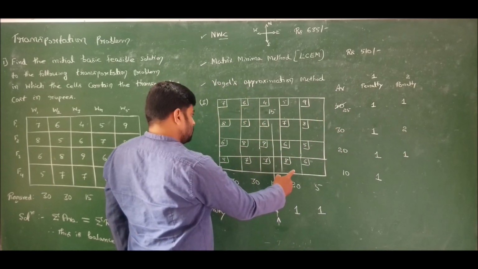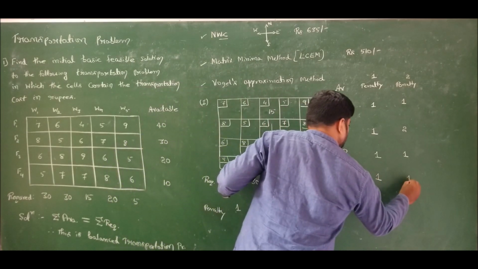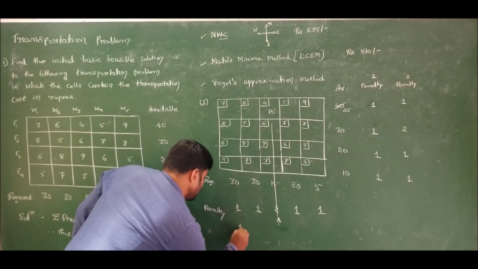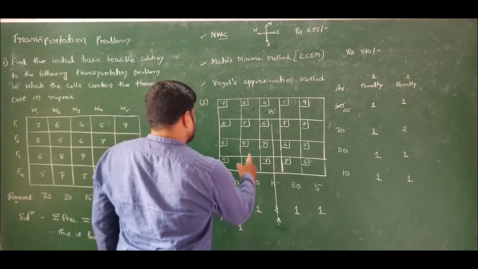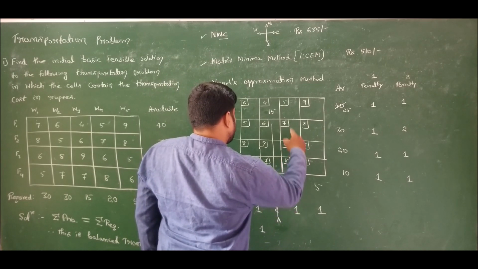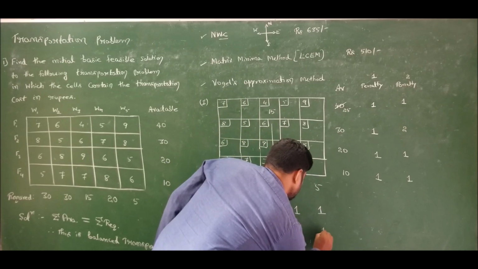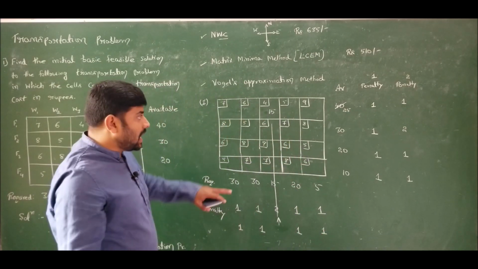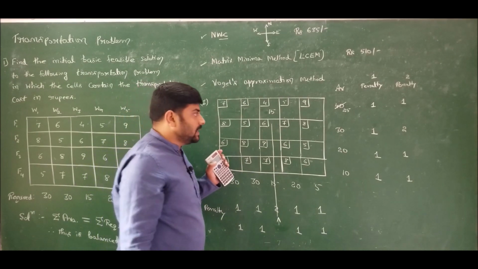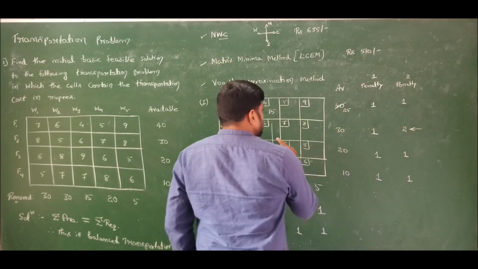Here 5 and 6, again 1. In this column 5 and 6, again 1. In this column 5 and 6, again 1. This is already eliminated. Here 5 and 6, again 1. Whenever there is a tie between penalties, you can arbitrarily break it. There is no rule to break the tie. Keep that in mind. Now the highest penalty is here, so I should eliminate this one.